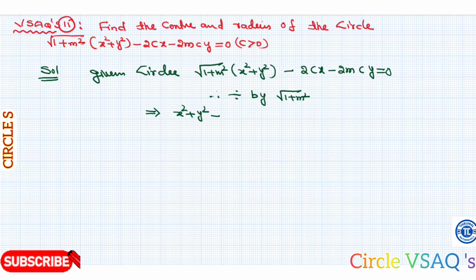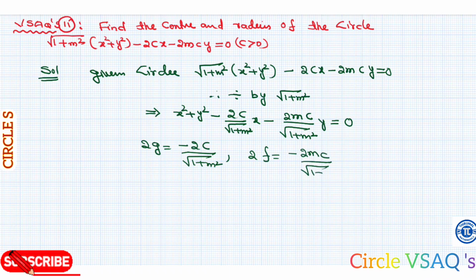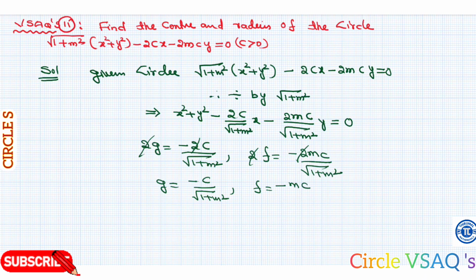Then we get x² + y² − (2c/√(1 + m²))x − (2mc/√(1 + m²))y = 0. Now comparing with the general form, we get 2g = −2c/√(1 + m²) and 2f = −2mc/√(1 + m²). The 2 cancels on both sides, then we get g = −c/√(1 + m²), f = −mc/√(1 + m²).